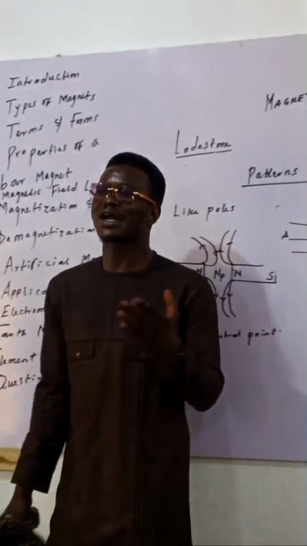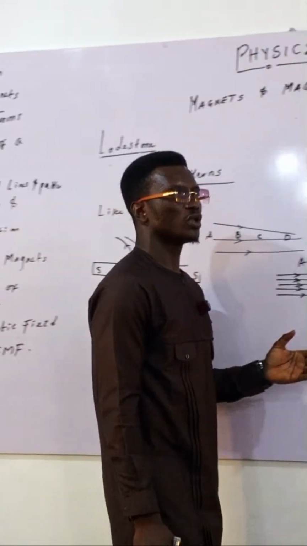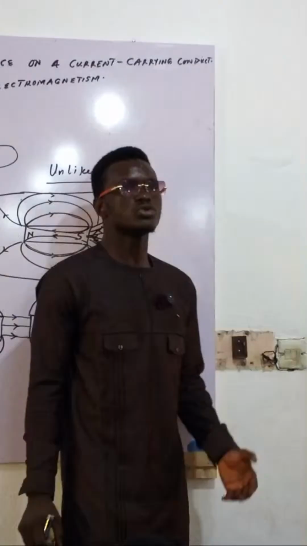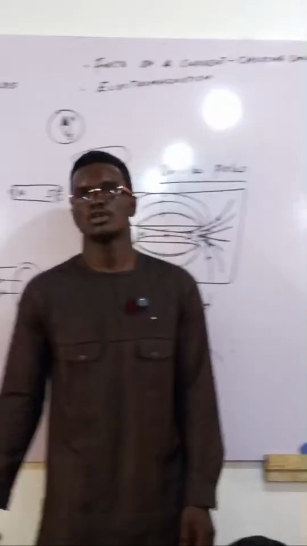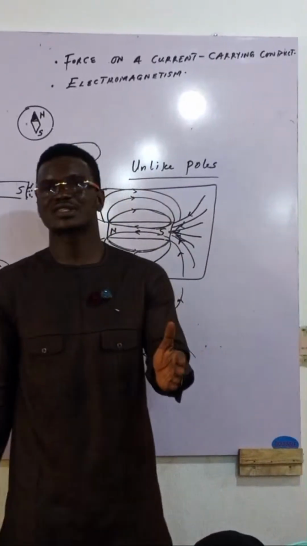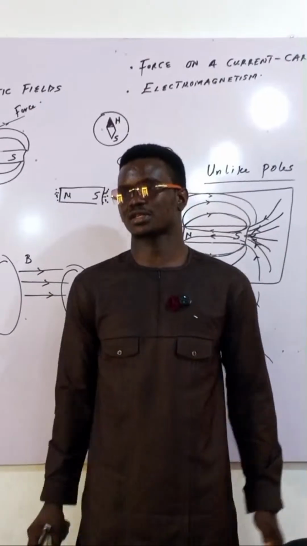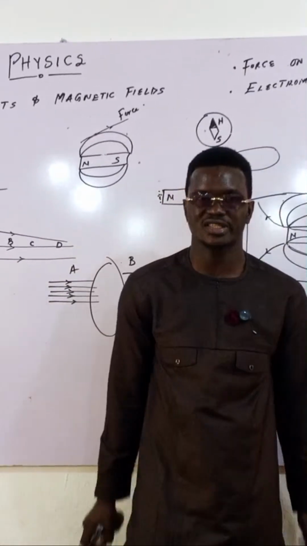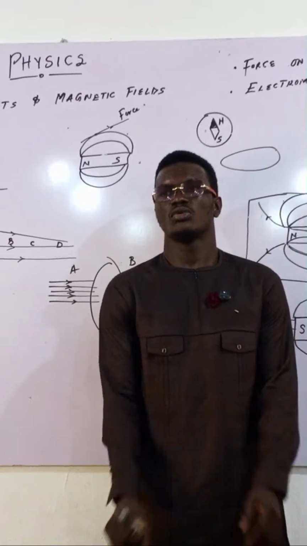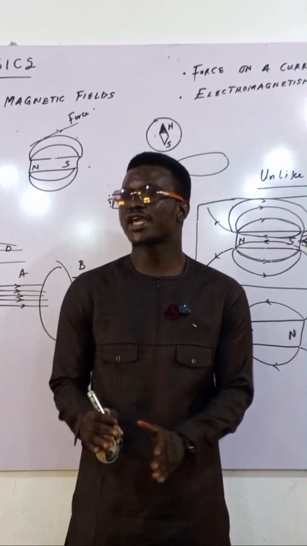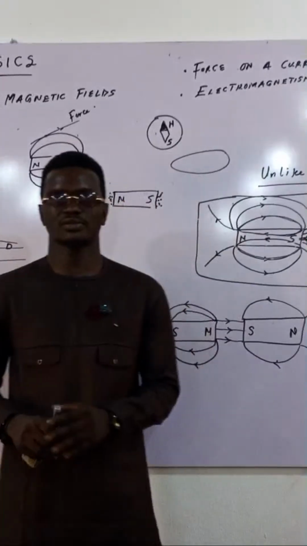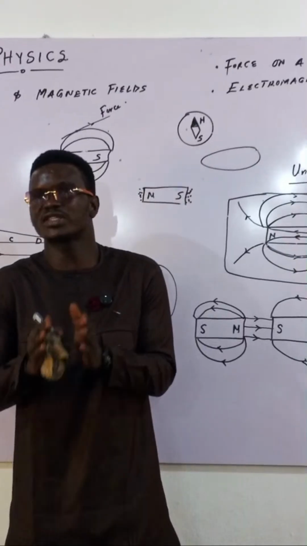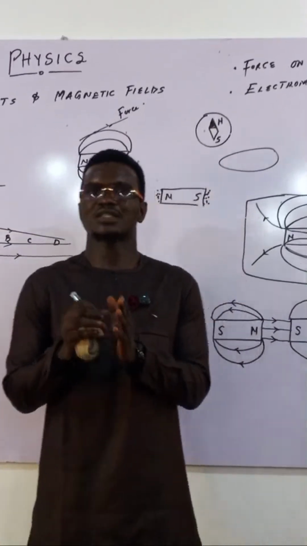Number 4. A uniform magnetic field: the field lines are equally spaced with equal strength at every region.